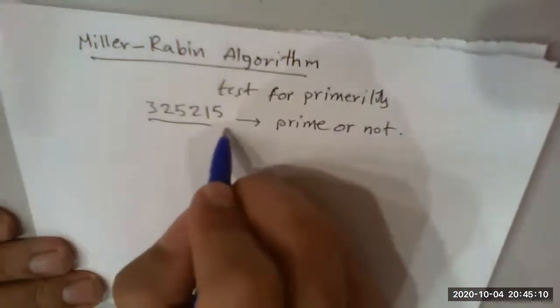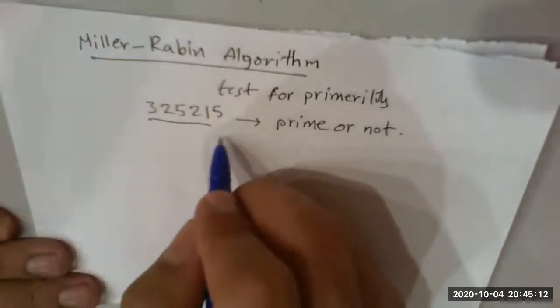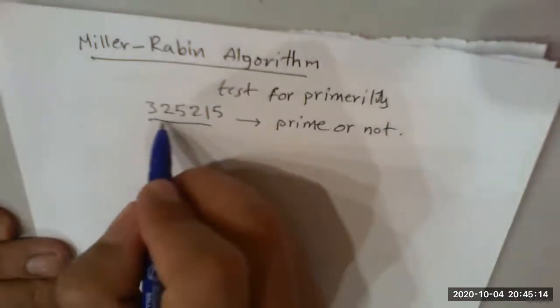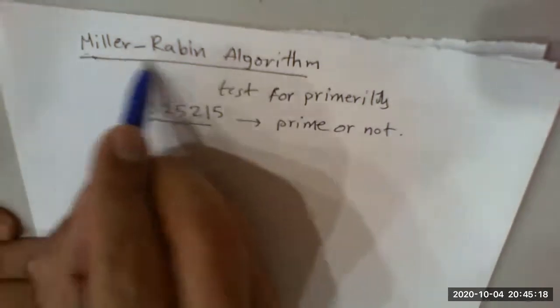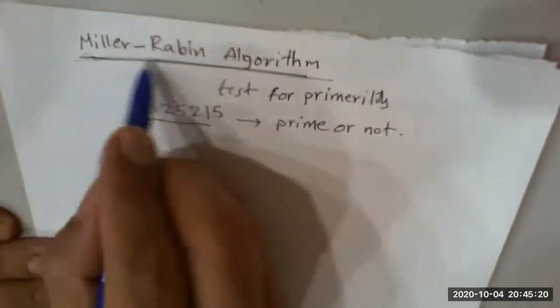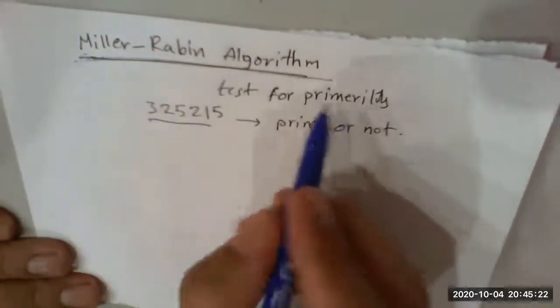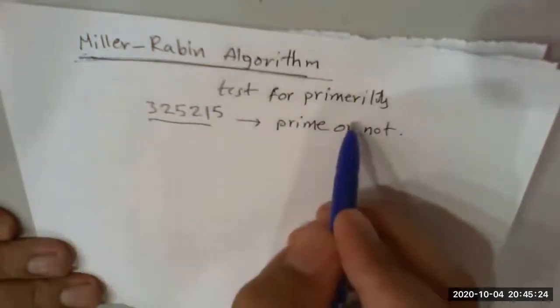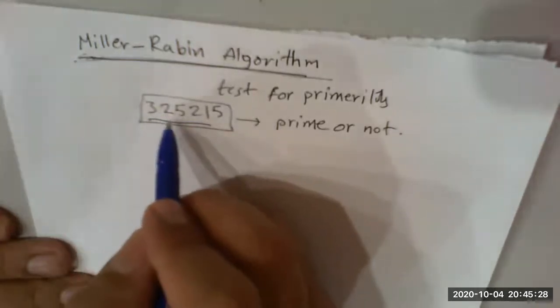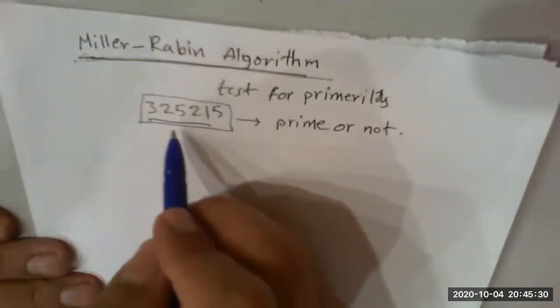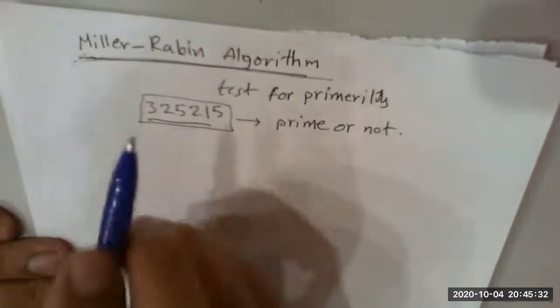The algorithm is written on the slides. I don't want you to keep it, I just want you to know that there is an algorithm named Miller-Rabin that may be used for testing primality. I can check if this number is prime or not, just that.